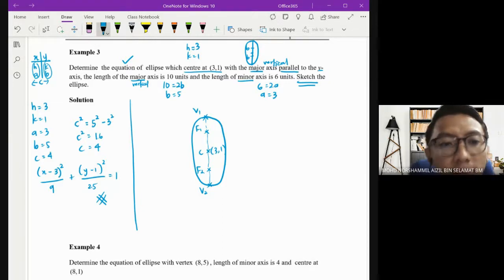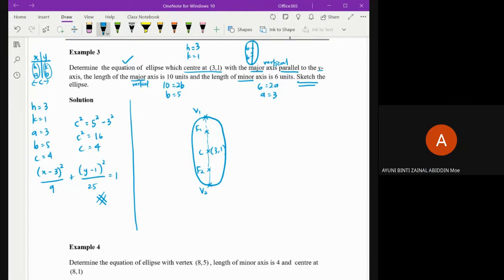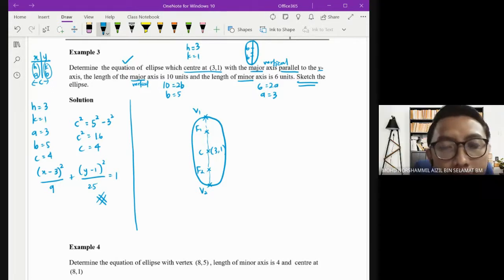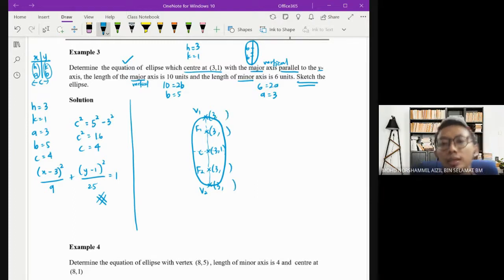X part ke Y part dia akan fix? X. X part dia akan fix. Kenapa? Because X is the minor. Minor kan? Ataupun sebabnya yang berubah adalah ketinggian. Jadi yang berubah belah kanan lah. So yang fix akan sentiasa belah kiri. Iaitu 3, 3 ni semua akan maintain. 3, 3, 3. Okay. Kita just nak cari yang tu lah sekarang.